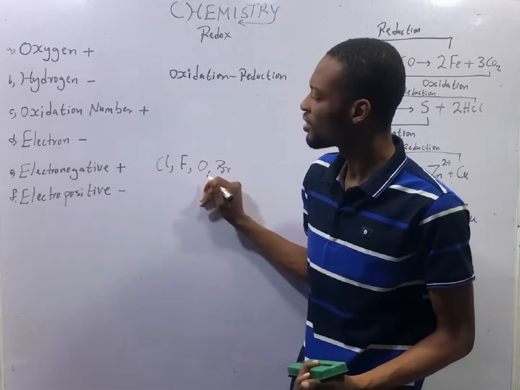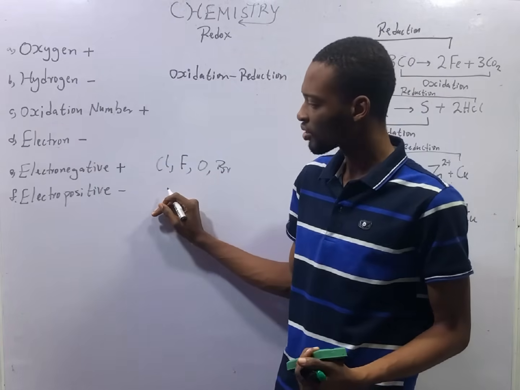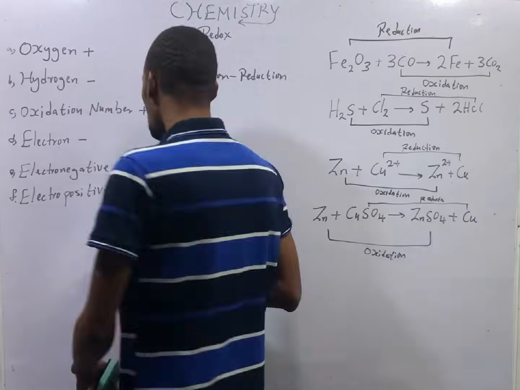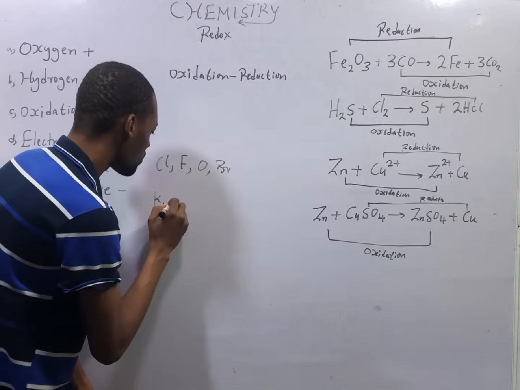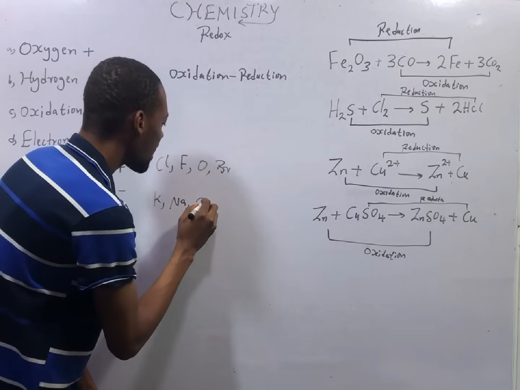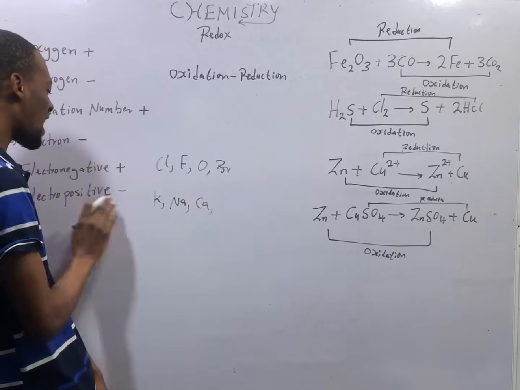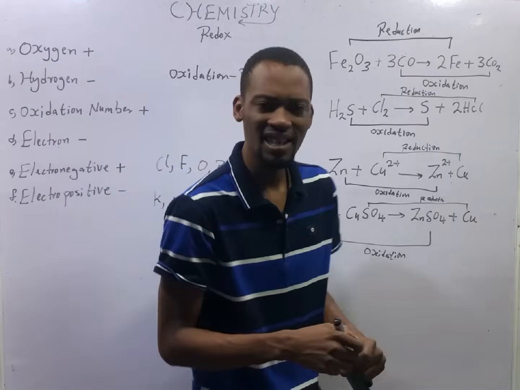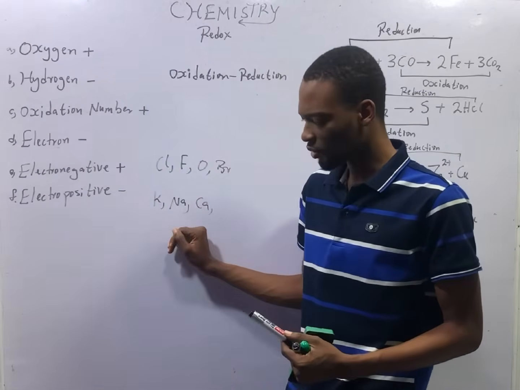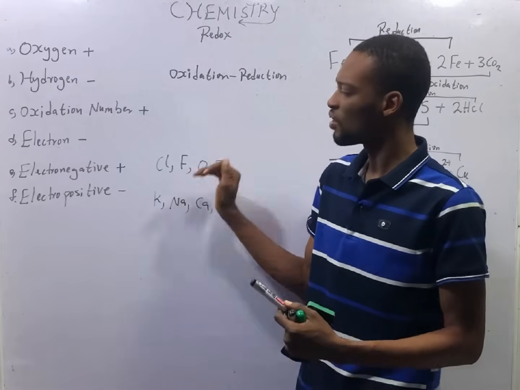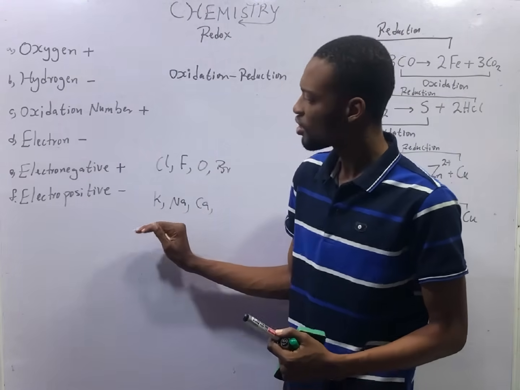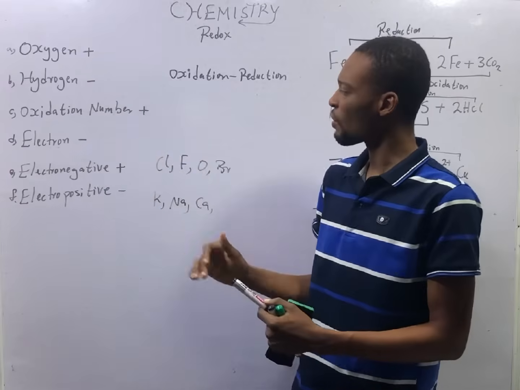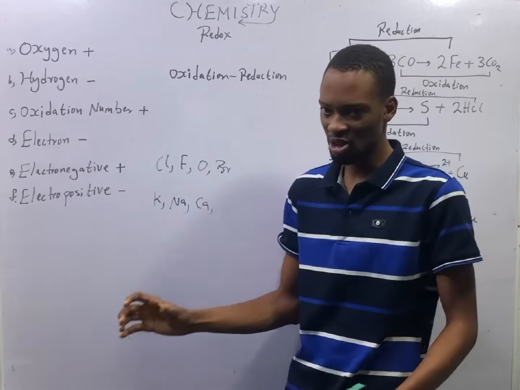Anytime they are being removed, that is reduction. Now, electropositive elements like potassium, sodium, calcium, when these are removed, we say it is oxidation. When they are added, we say it is reduction. So these are the headings where we can look at oxidation and reduction.